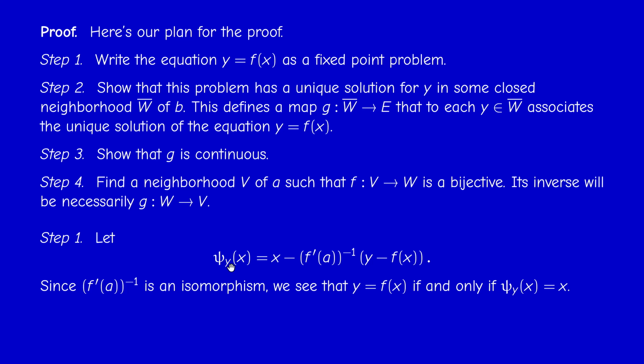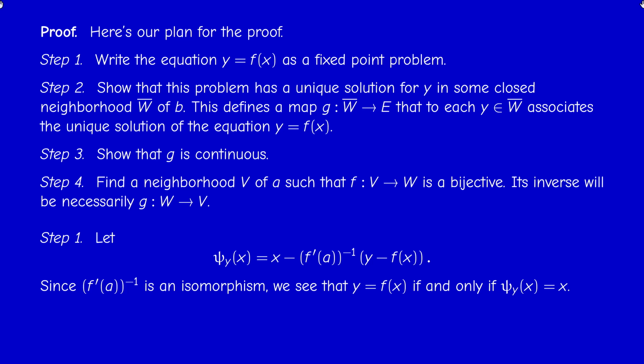If psi y of x equals x, then this is 0, and therefore y minus f of x is 0. If y minus f of x is 0, then psi y of x is equal to x. So I reduced my problem to a fixed point problem.